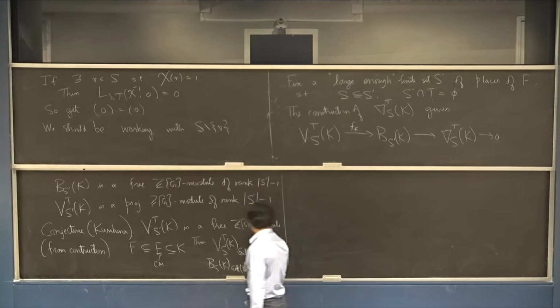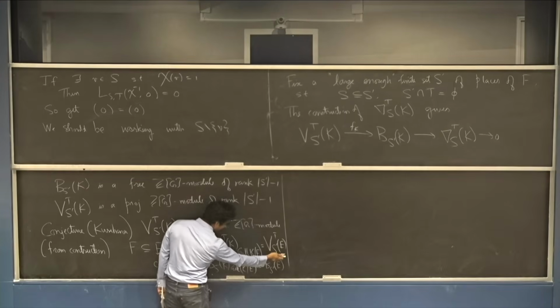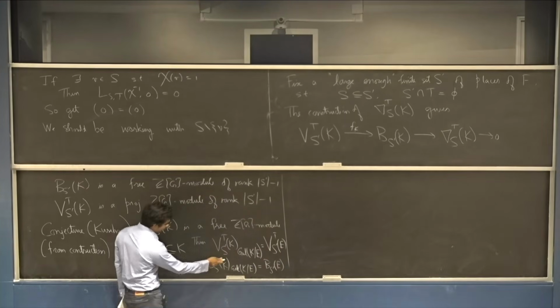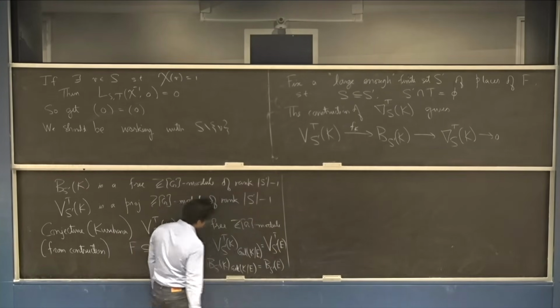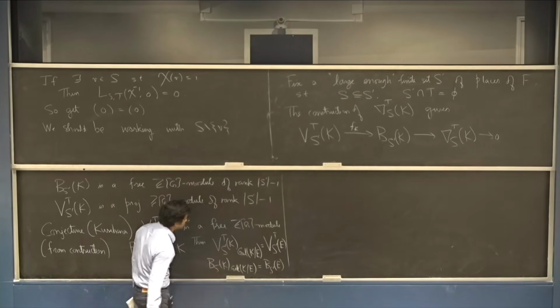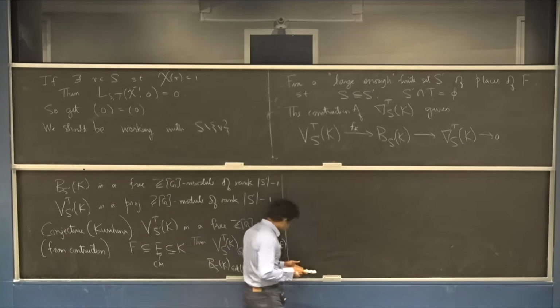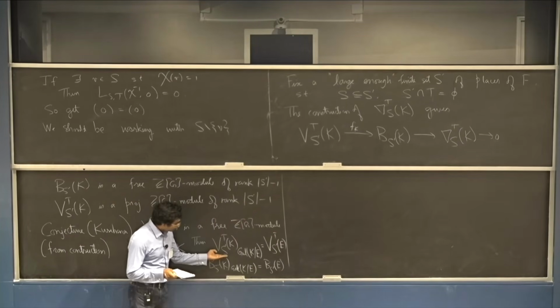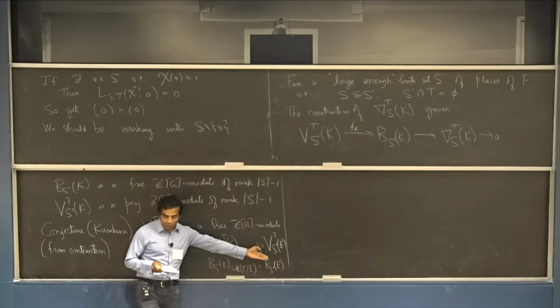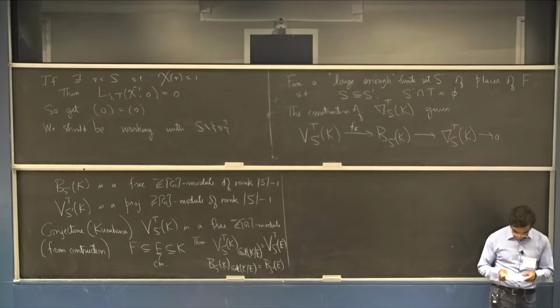Because the rank doesn't go down when you take co-invariance, as a module over the smaller group, if you believe the conjecture, then they'll still be free of the same rank as over K. If you fix a basis over K, then you'd get an induced basis over E. Okay.